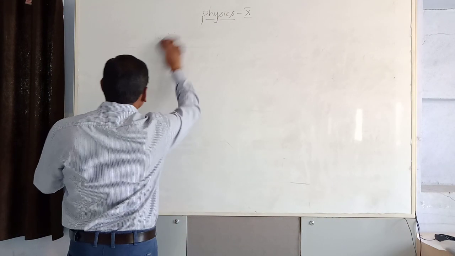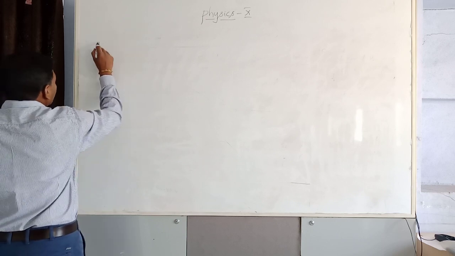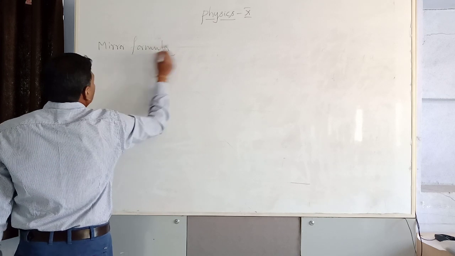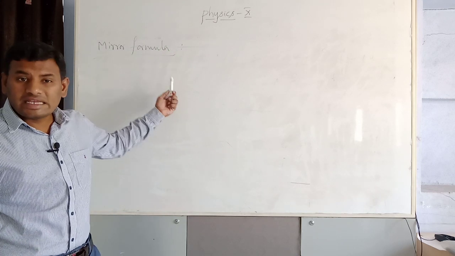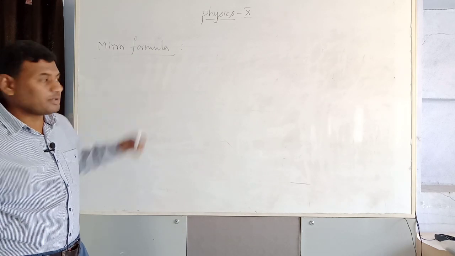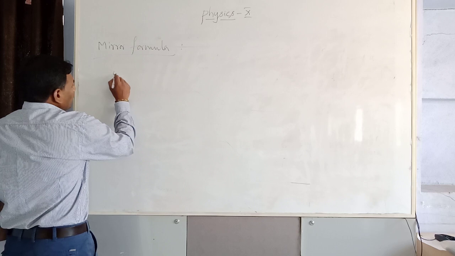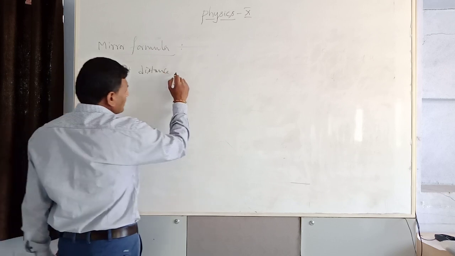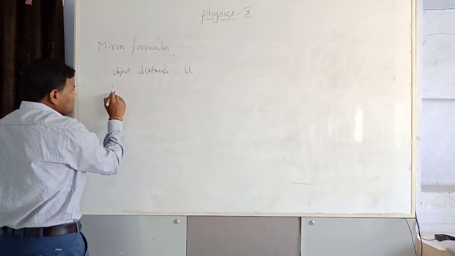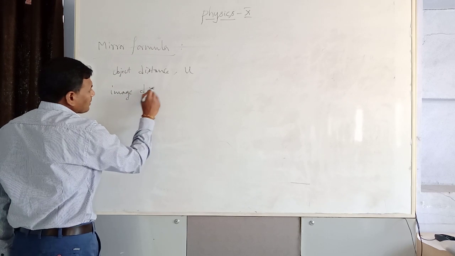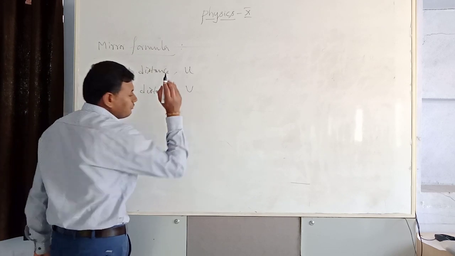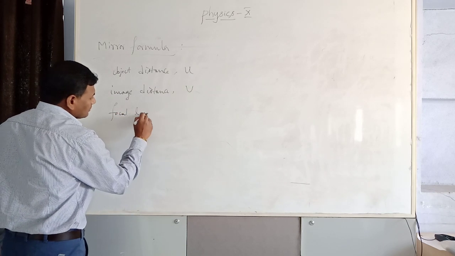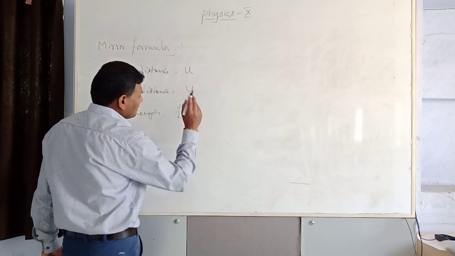So, mirror formula. The mirror formula gives the relation between image distance, object distance, and principal focus. In mirrors, object distance is represented by the letter u, image distance is denoted with the letter v, and principal focus or focal length is denoted with the letter small f.